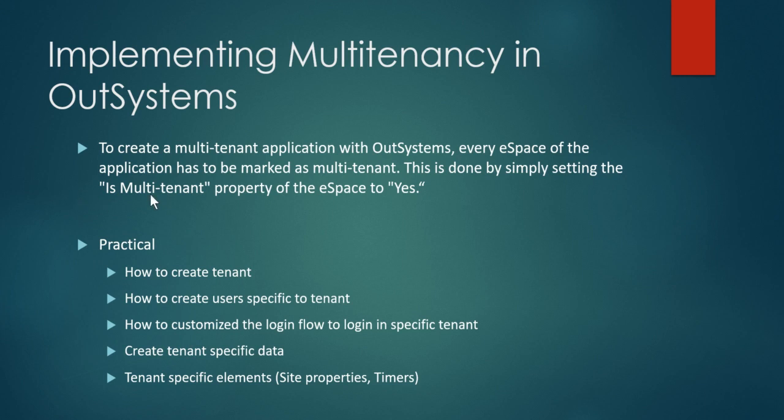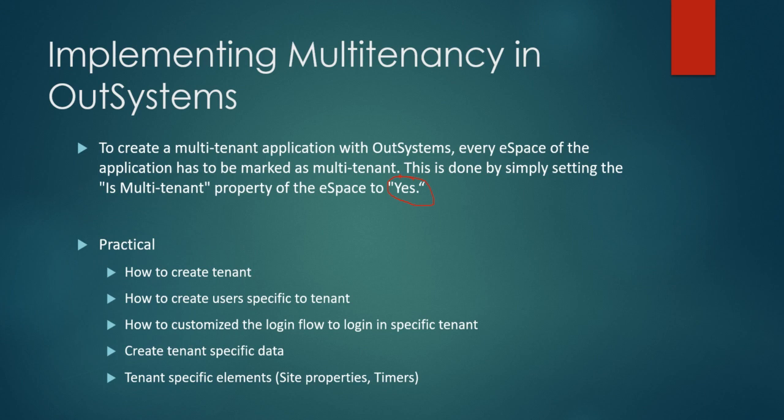It means every e-space has a property called Is Multi-Tenant. If you set this property to Yes, it means you are willing to create that e-space as multi-tenant. This is the foremost requirement of creating a multi-tenant application.